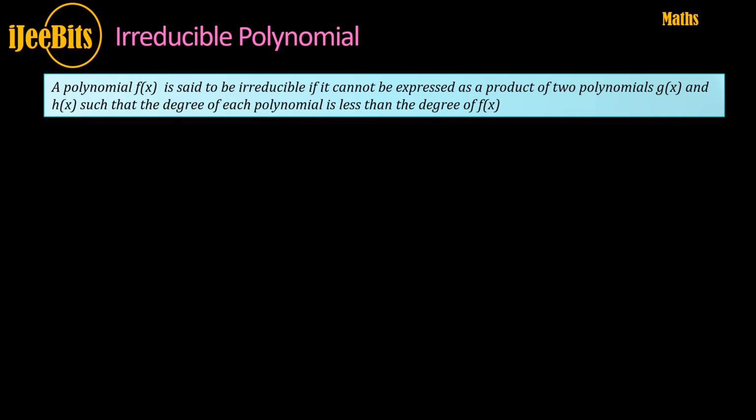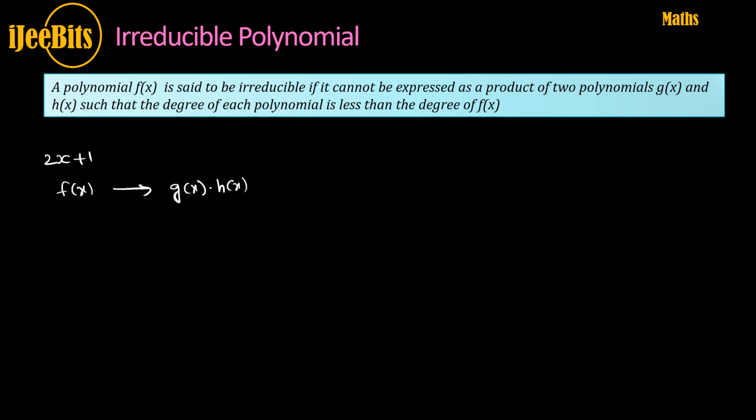So let me give an example for this. Let's say I have 2x plus 1. This is f of x. Can you write this as a product of two other polynomials like g of x into h of x?